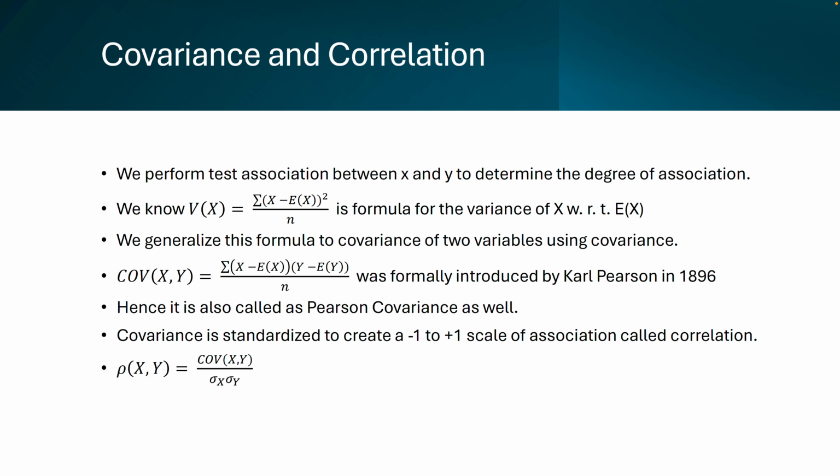So what we do is we standardize the covariance to create a -1 to +1 scale of association called correlation. The symbol for correlation is rho, and it is covariance divided by the standard deviation of x times the standard deviation of y.